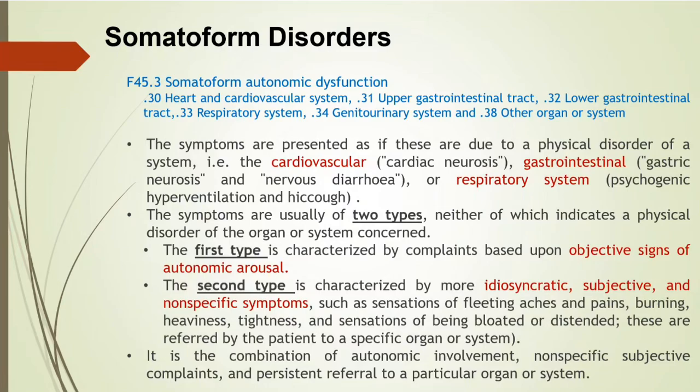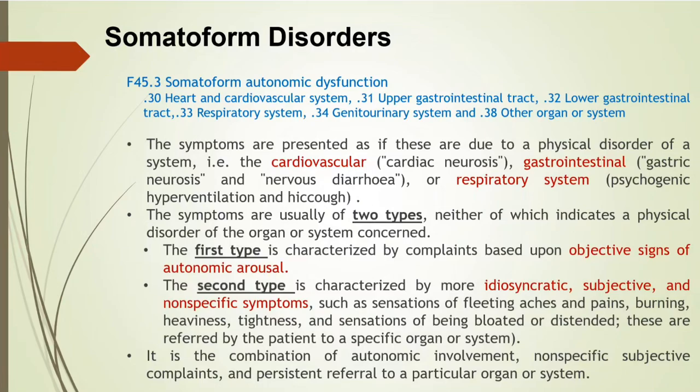Then is the somatoform autonomic dysfunction, which may present with various features of systems like the cardiovascular system, also called cardiac neurosis, GI symptoms called gastric neurosis or nervous diarrhea. If the respiratory system is involved, it is called psychogenic hyperventilation and psychogenic hiccups, which are common presentations.